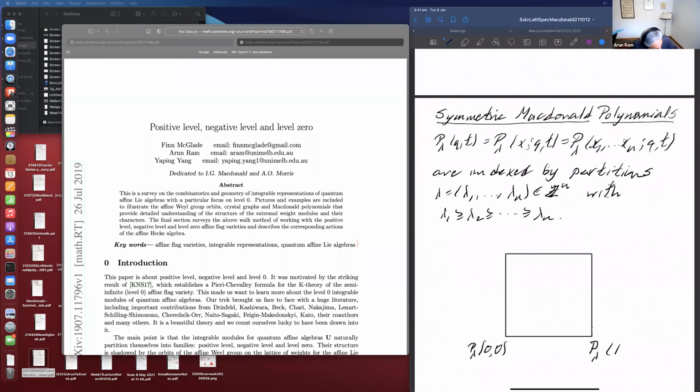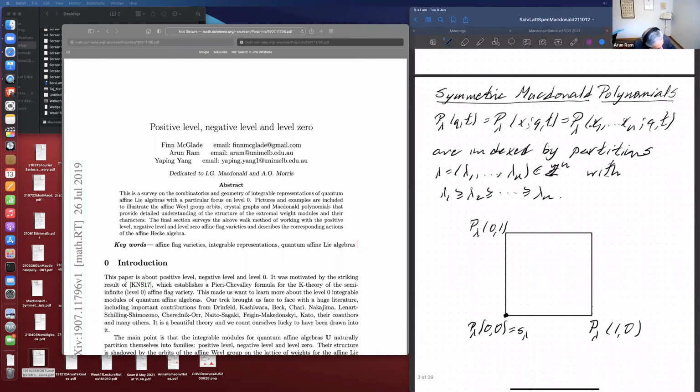And the top corner is P lambda (0, 1). The first amazing thing is that this bottom corner point, if I'm thinking about that specialization, gives the Schur functions. And this point here is e lambda conjugate, so these are elementary symmetric functions.